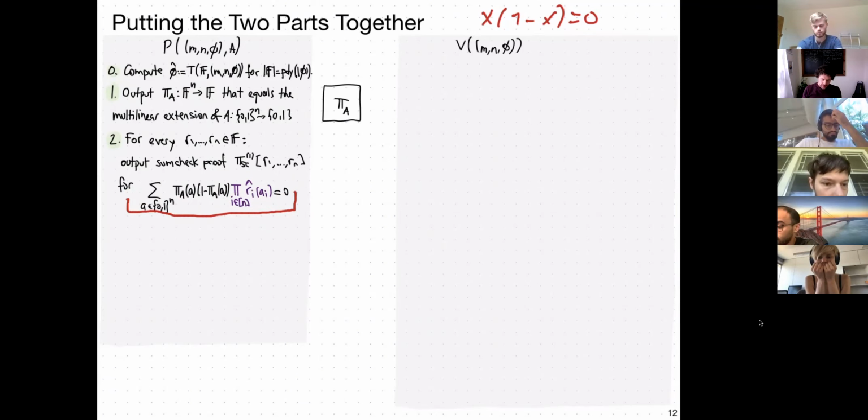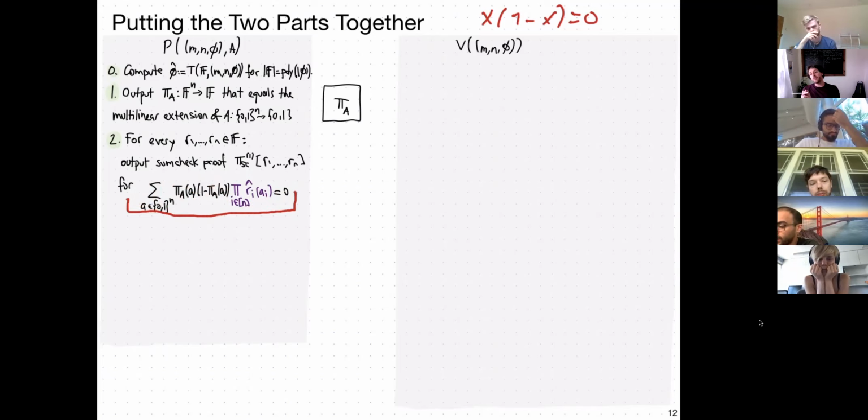So this would be what we want to check. Like Wilfred is saying, we want to check that the assignment is Boolean for all variables. So we want to check this sum. If I look at it as a sum, it would be 0 wherever the assignment is Boolean.